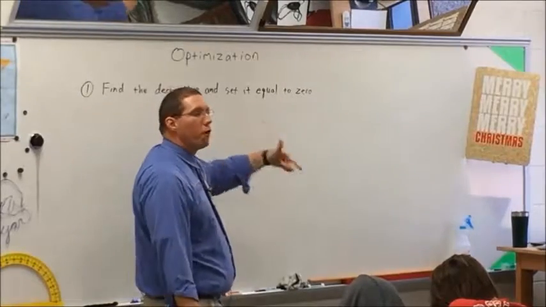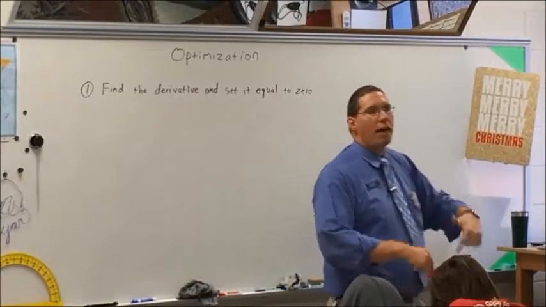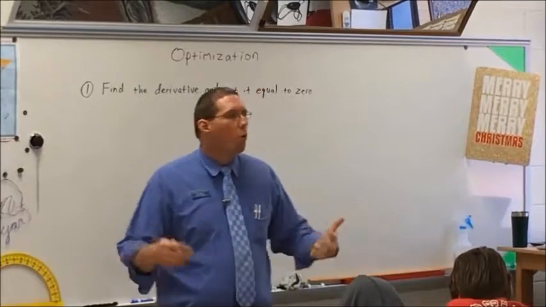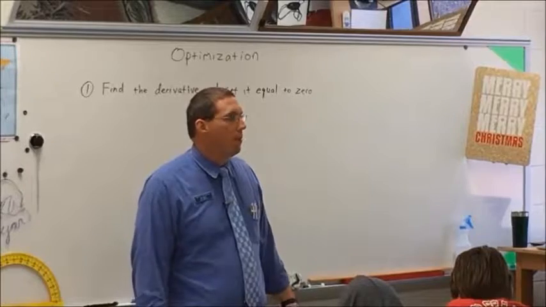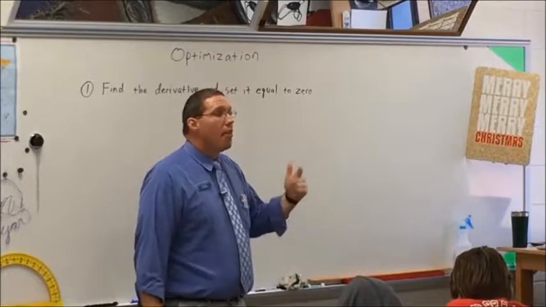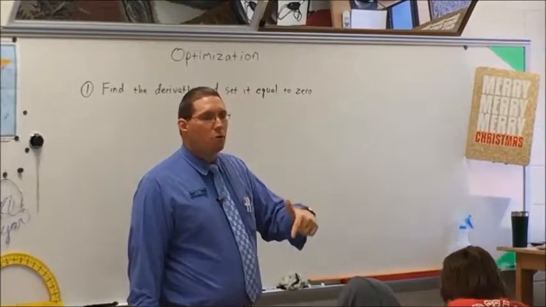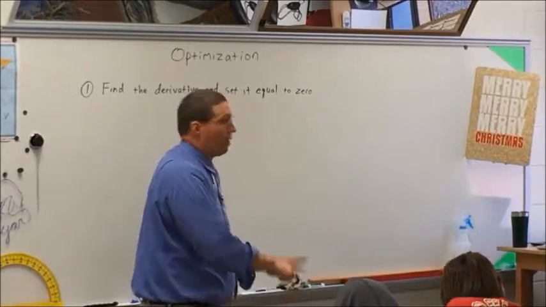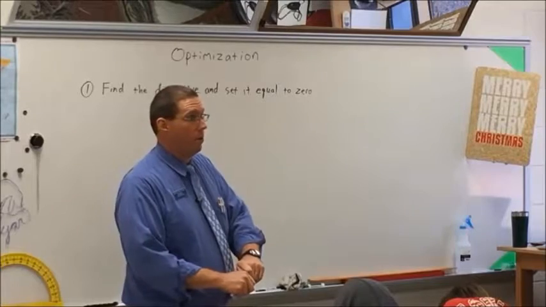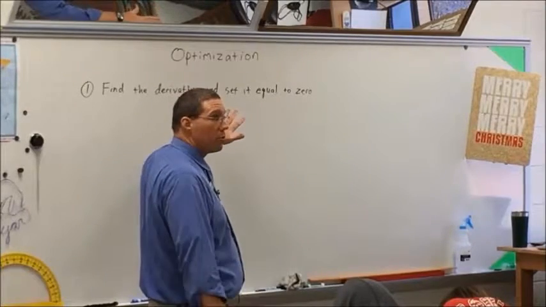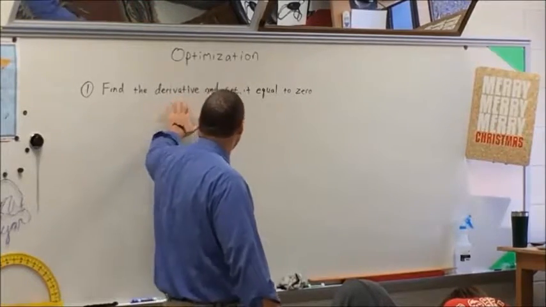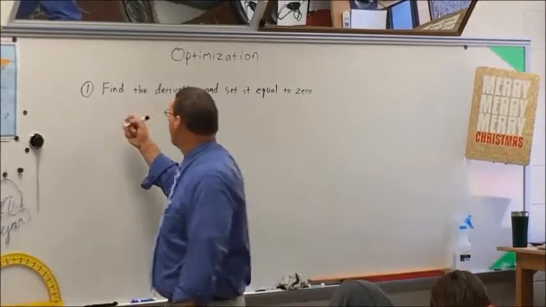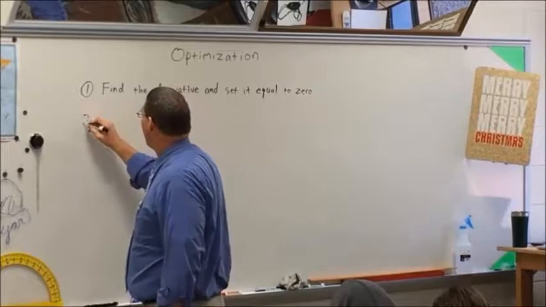What we're looking for here, our goal, is to find all of the possibilities for absolute maximum and absolute minimum. And we know that the absolute maximum and absolute minimum could be occurring at relative maximums and relative minimums, which occur at critical values, which we find by setting the derivative equal to 0 and solving for x, right? Okay, so step 1, you're going to find the derivative, set it equal to 0.